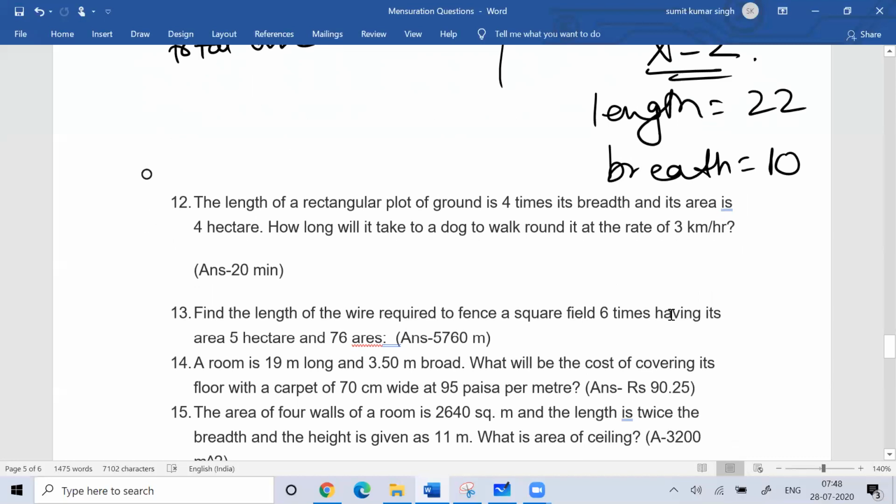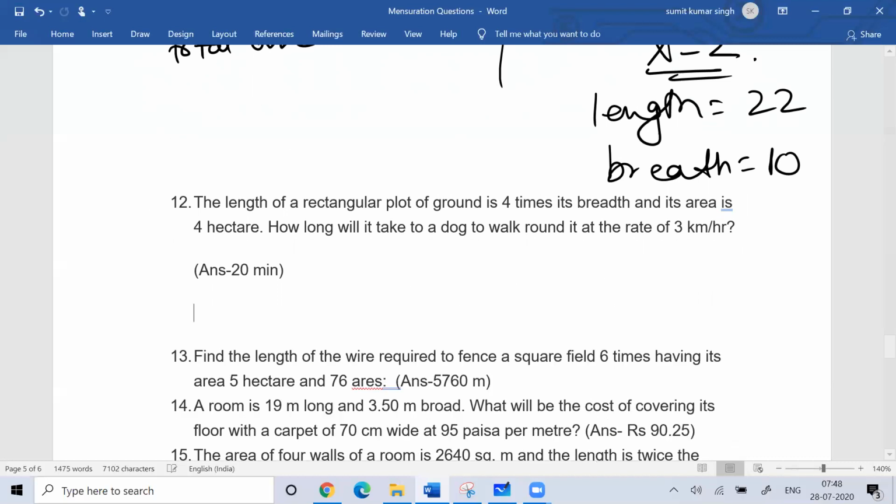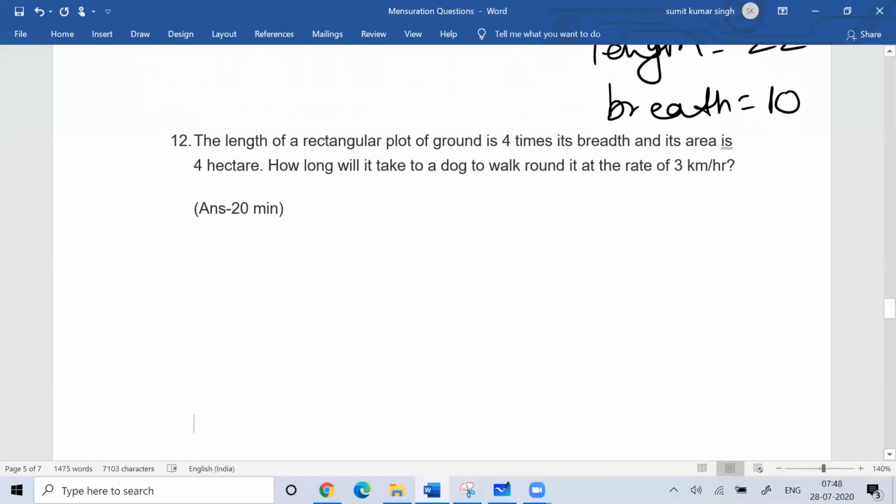Then the next question, you can think about the next question. The length and breadth of a rectangular plot. The length of a rectangular plot is 4 times its breadth. So you take breadth as b, so the length would be 4b.